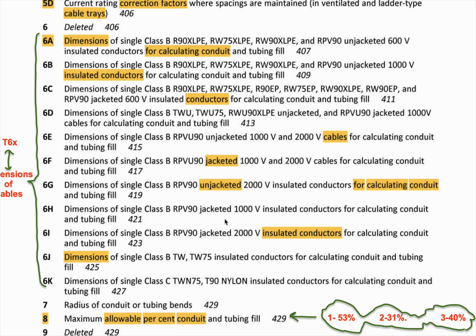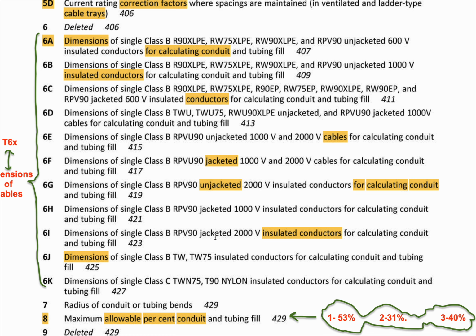Or in the exam, they tell you that there are 10 wires, the wire size is, for example, 12 AWG, and the type of wire is, for example, T90 nylon.